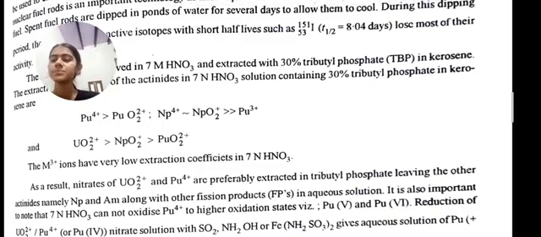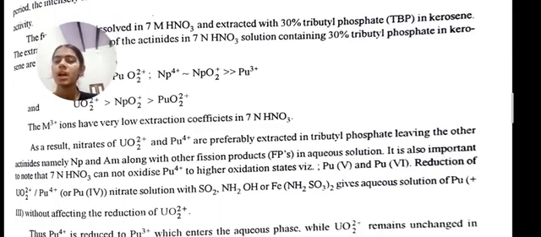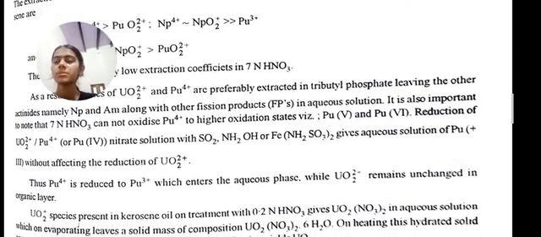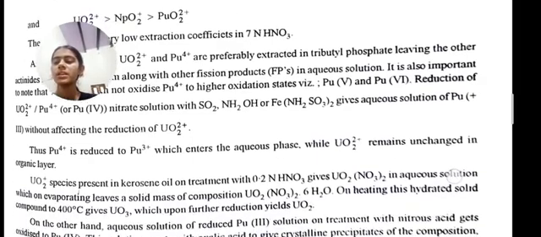As a result, nitrates of Pu4+ are preferably extracted in tributyl phosphate, leaving the other actinides, namely neptunium and americium, along with the other fission products in aqueous solution. Thus, Pu4+ is reduced to Pu3+, which enters the aqueous phase, while uranium remains unchanged in the organic layer.